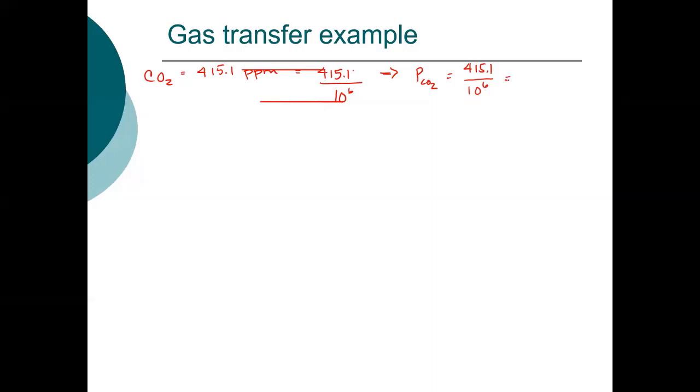So that is equal to 0.0004151 atmospheres. So that's the partial pressure of CO2 in the atmosphere, 4.151 times 10 to the minus 4 atmospheres.